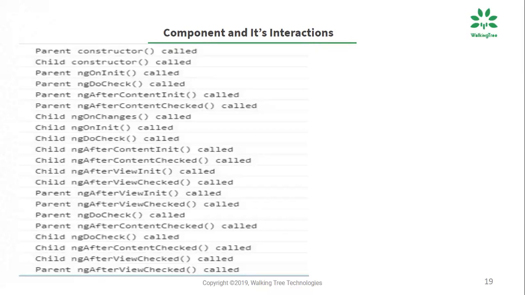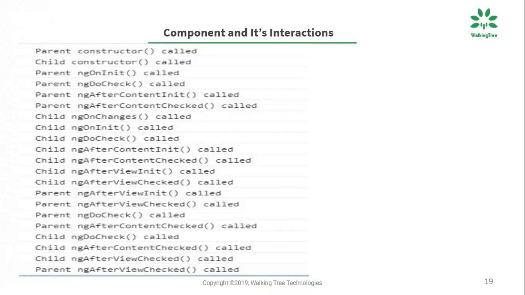After that, all the child-related processes go through. If the child has another child component, then again after the child's after content checked, it goes to its child's on changes hook. Like this, after view checked of the child, it comes back to the parent's view init.